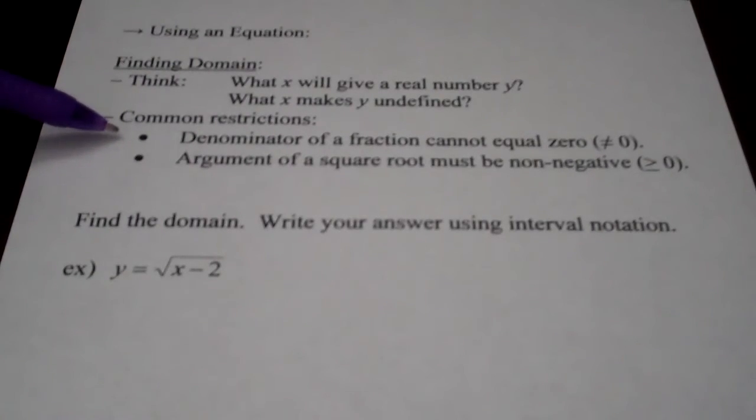There's two really common restrictions that are going to come about, and for the most part of our class, we'll add one maybe at the end, I think, when we talk about logarithms, but for right now we have two. So the denominator of a fraction cannot equal 0, and that's because we can't divide by 0. You try it with your calculator, it doesn't work.